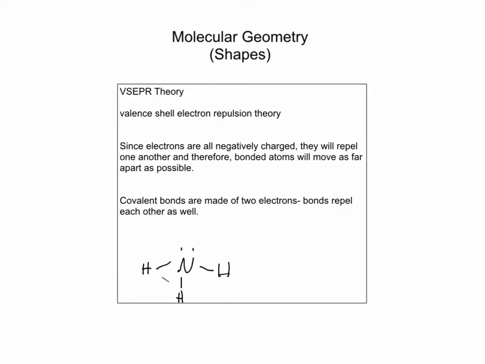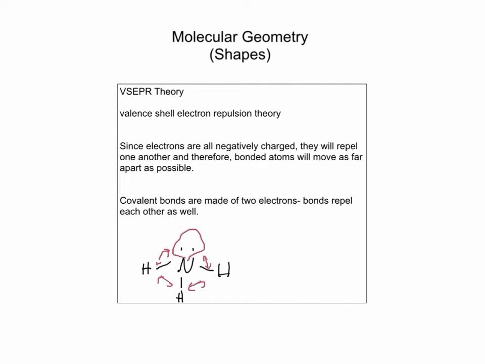So all of the bonds want to move as far away from each other as possible. We can think of the electron clouds, the orbitals we talked about, as repelling as well. So this lone pair is going to want to get as far away from the bonds as possible.